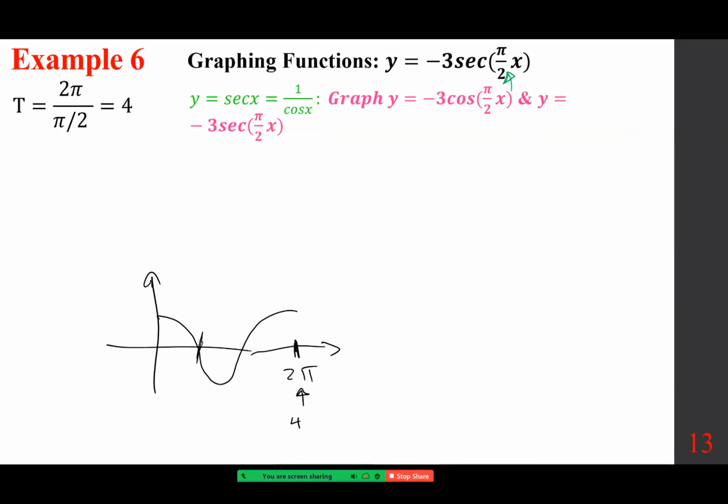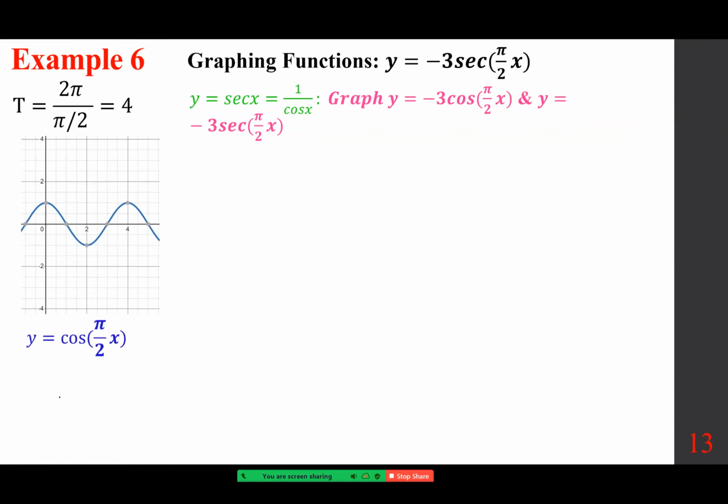This is 1, 2, 3, 4. So 1, 1, 1. So this is what you get, cosine of pi over 2 x. And pay attention to this 4, and therefore this 4. And in fact, one complete cycle.